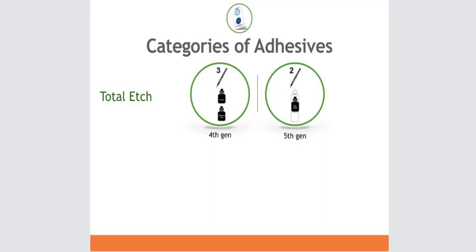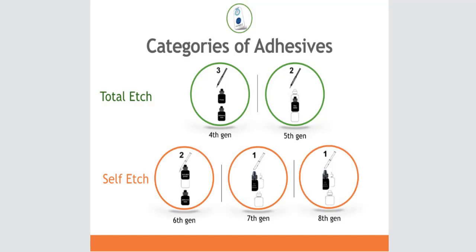And so we can apply a 35 or 37% phosphoric acid etch. And then depending on the type of adhesive, you can either have a 3-part, which has a primer and adhesive, or a 2-part, which just has the etch and the adhesive and the primer in one bottle. So these are the 4th and 5th generation total etch.